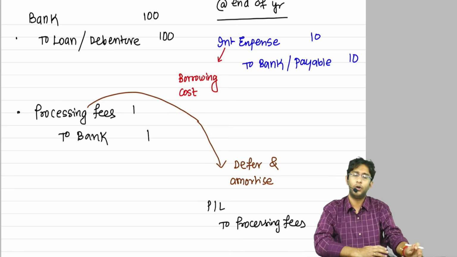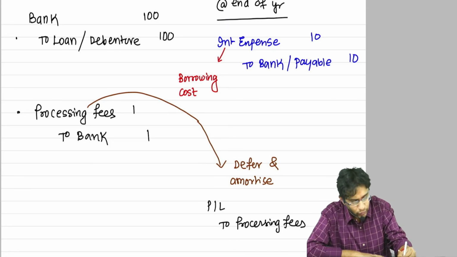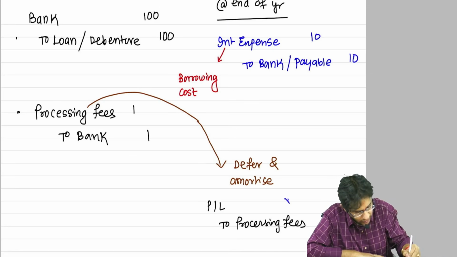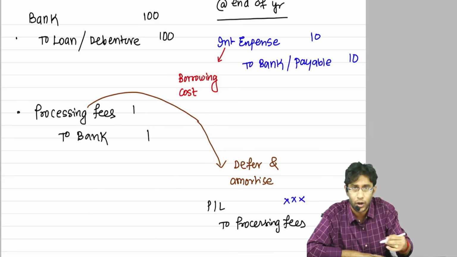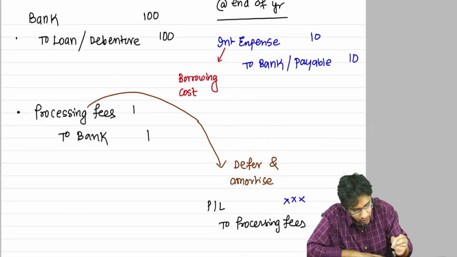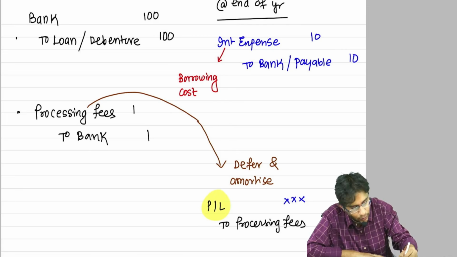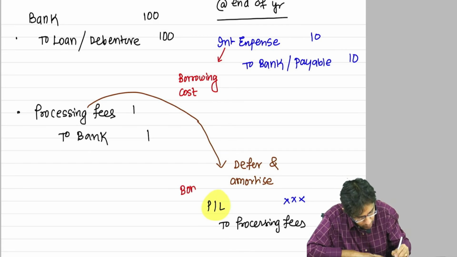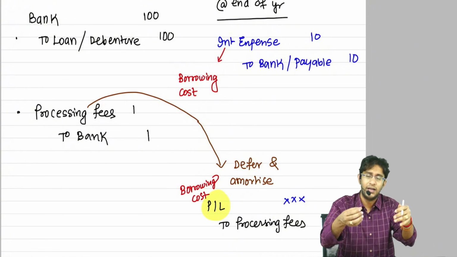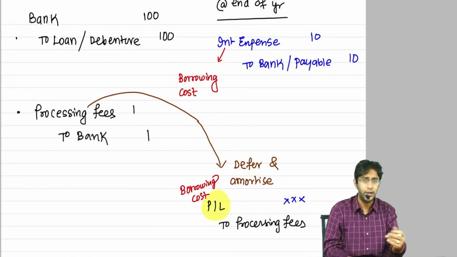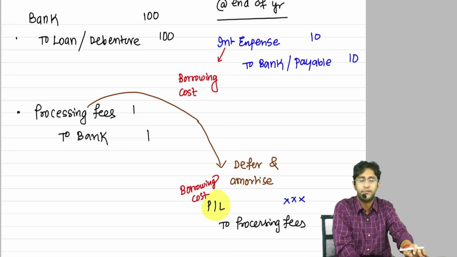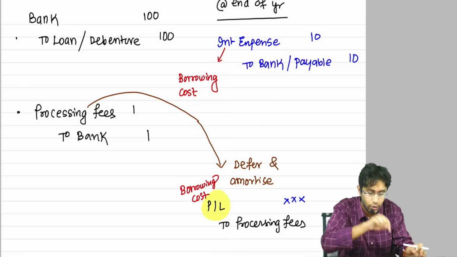When you charge this to P&L account, the amount whatever is coming here, which is 0.2 lakhs or 20,000 rupees, this number is a borrowing cost for you. Not only interest. Borrowing cost means cost incurred for using a borrowing. I also paid processing fees. Even that is also a borrowing cost.